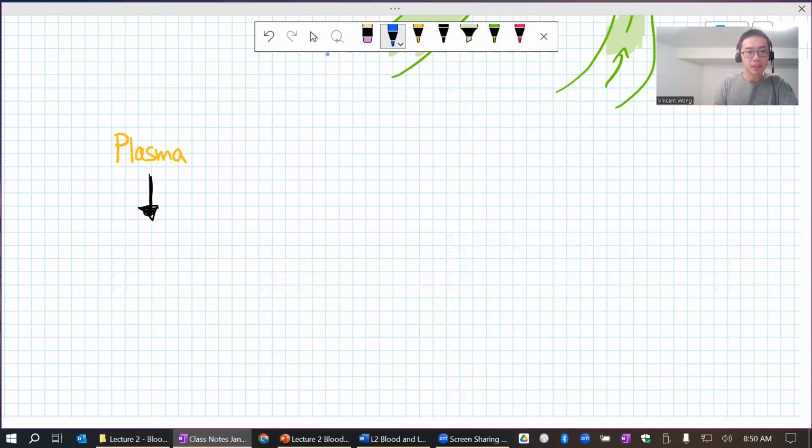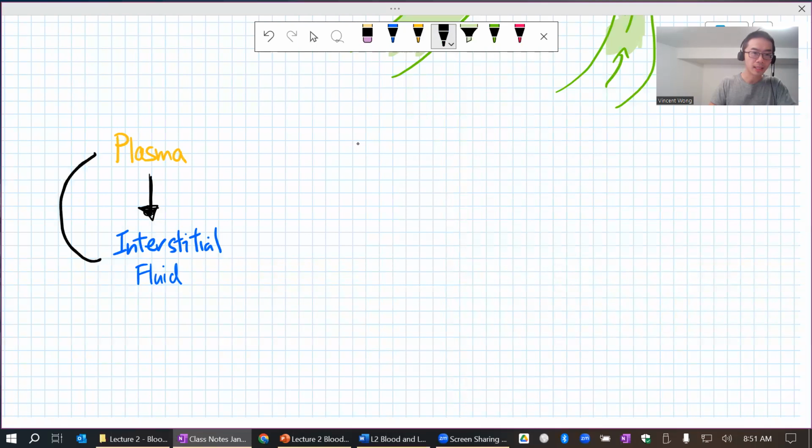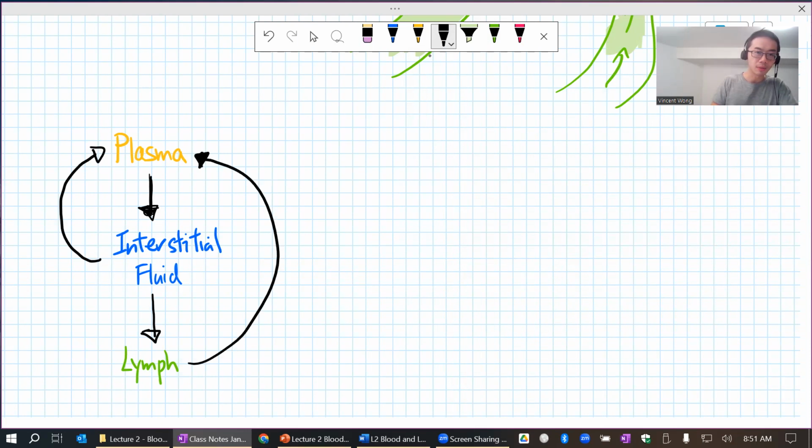And when it's between the cells, we call it interstitial fluid, right? Some of it will go back through the venous return, on the venous side of the blood vessel. It would just get taken back in directly, right? But some will go into the lymphatic vessels where they will become lymph. And then the lymph will get returned to the plasma as well.